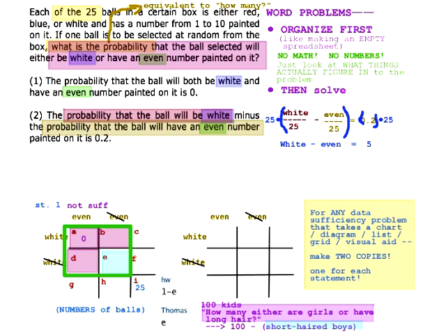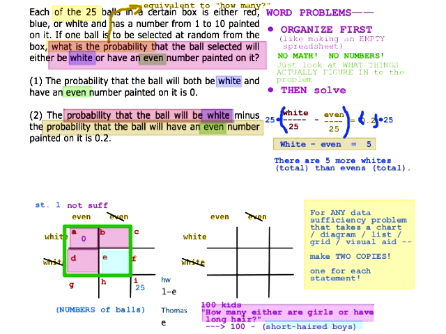It doesn't really tell us about how many white and even there are. That could actually be quite different things. But it just tells us that there's a difference there. So we know that there are 5 more whites than evens total.